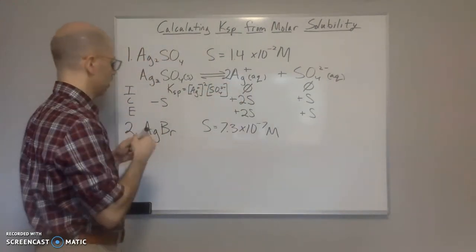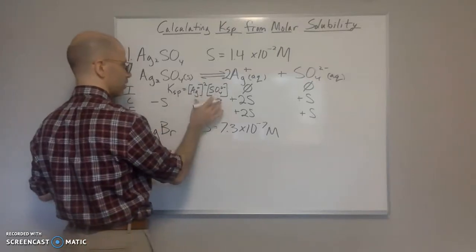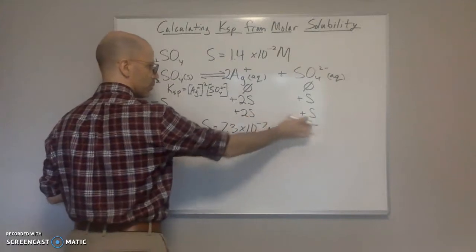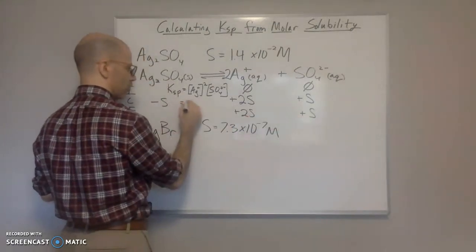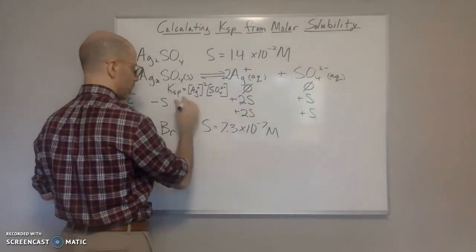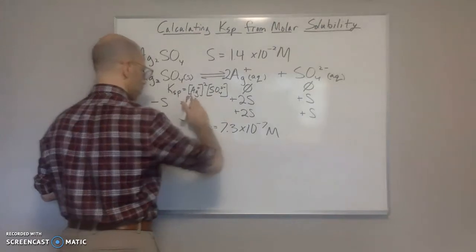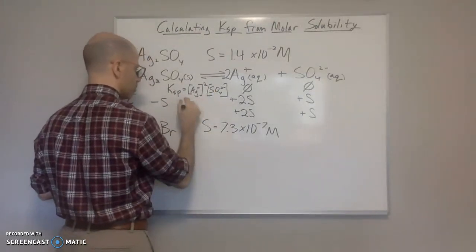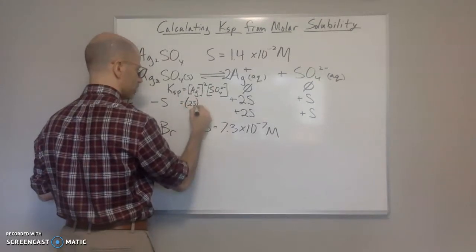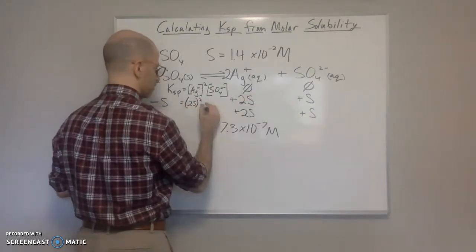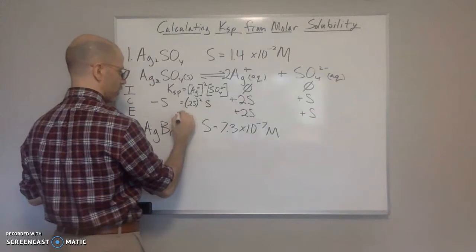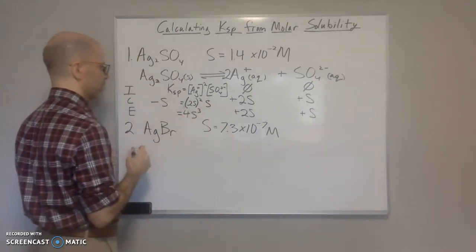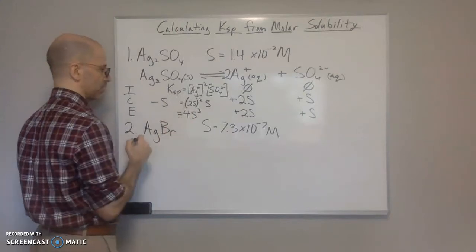Now all we need to do is plug in our equilibrium expressions in terms of molar solubility. So this is going to be 2s squared times s, and that's 4s cubed, which is equal to Ksp.